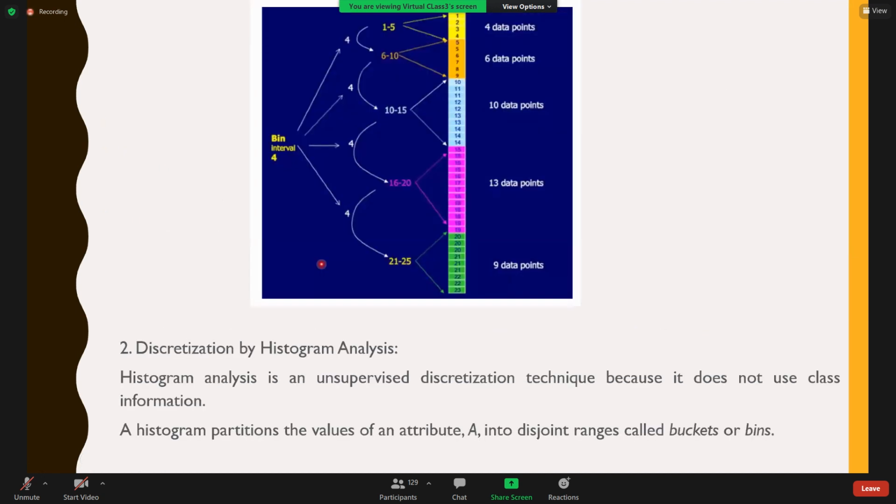Simply based on the bin interval or the total number of bins, we sort the data and divide it based on each bin size. We may have values with different frequencies, so one bin may have a small number of data points and another bin a large number of data points.